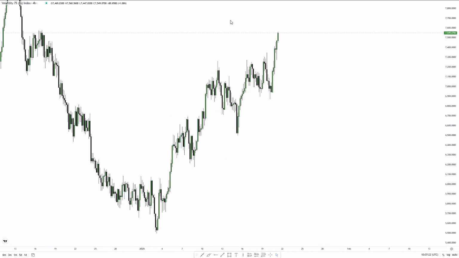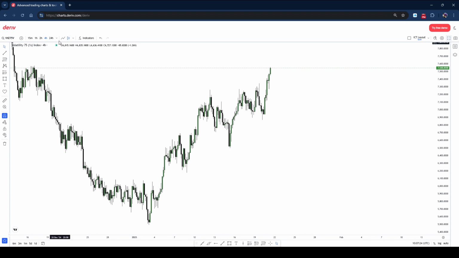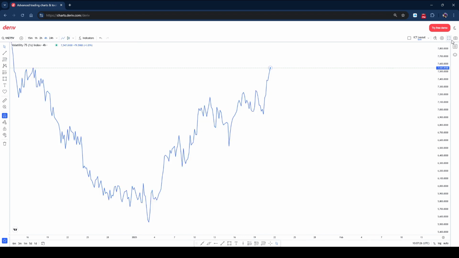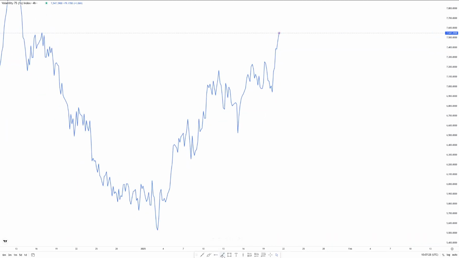First thing I want to do is take this to a line chart like this. When I take it to a line chart, I'm going to see a series of highs and lows. Like, for example, I have this high, I have this low, I have this high.